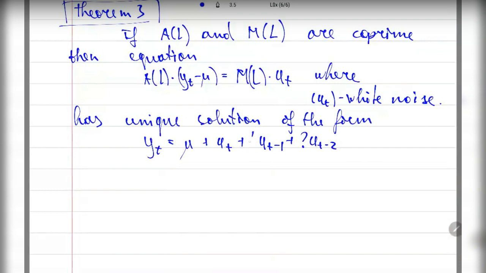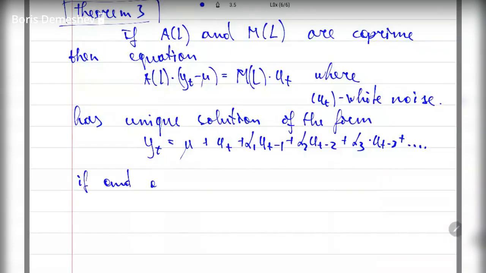I may write alpha 1, alpha 2, alpha 3. So that's not forward-looking. There are no future ut plus 1, ut plus 2, ut plus 3 in yt.